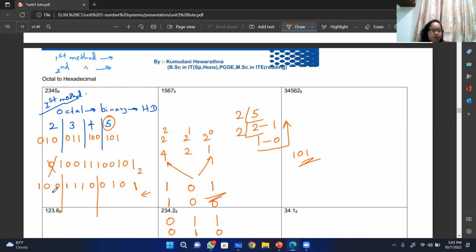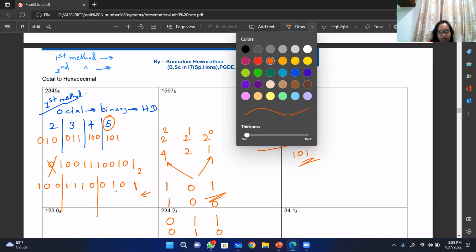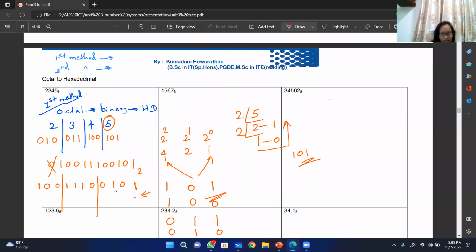You have to separate 4 by 4 like this, and write down the place values, starting from this place: 2 to the power 0, 1, 2, 3, again 0, 1, 2. Then just write down the values of each.